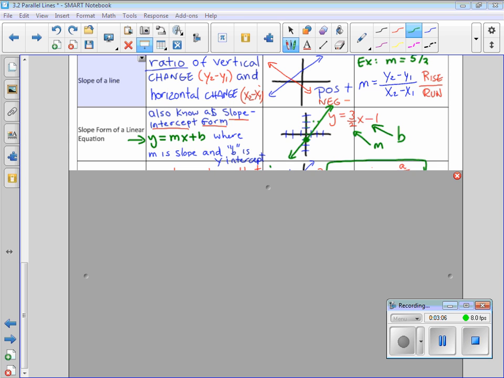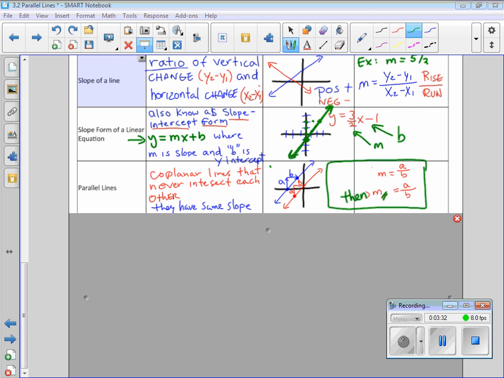The number in front of the x is the slope, 3 over 2. And 3 is a positive number, so that represents going up in a positive direction. If I walk from the point at -1 up 3 and then over 2, I end up on my line. Once I have those 2 points, I can draw the line. That was already pre-drawn, so go ahead and feel free to copy that in.